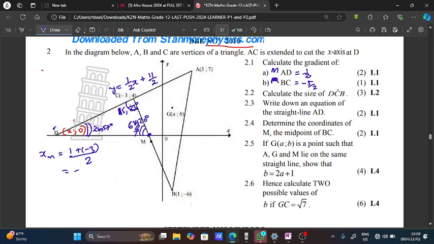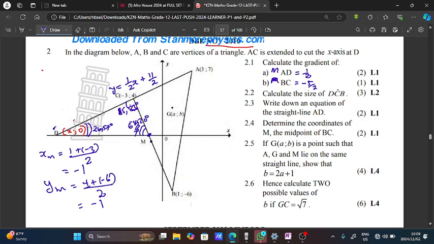Negative 1. Then the y at M equals to the two values of y, 4 plus into minus 6 over 2. So what do you get? Negative 1 again, negative 1.